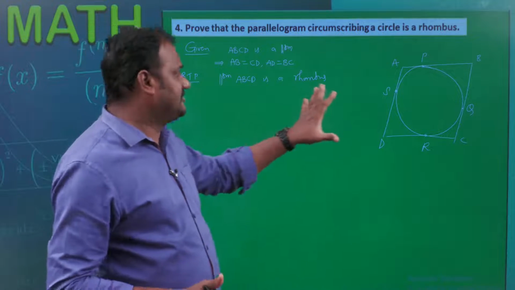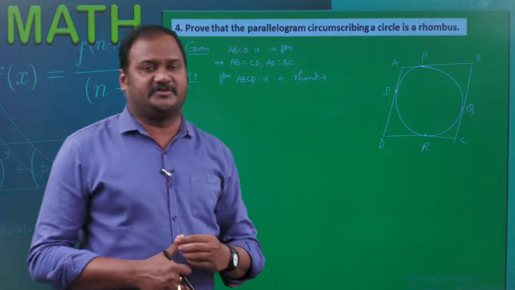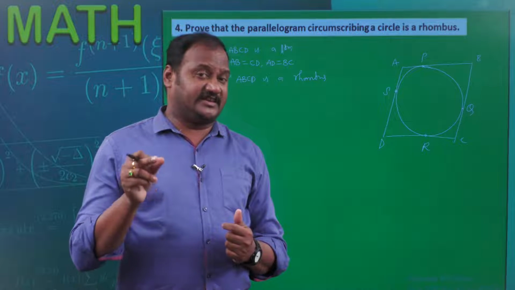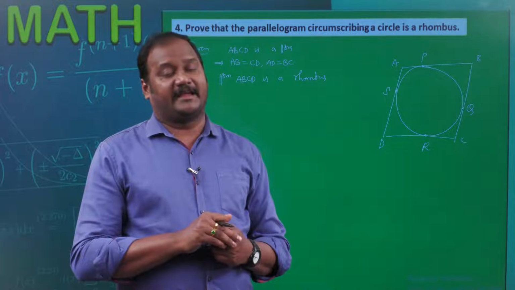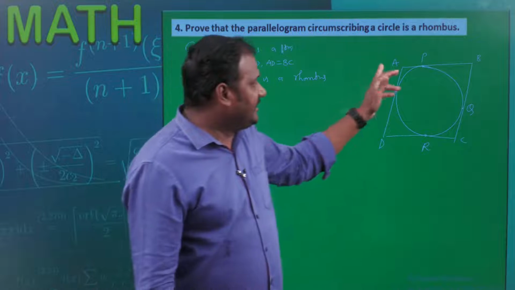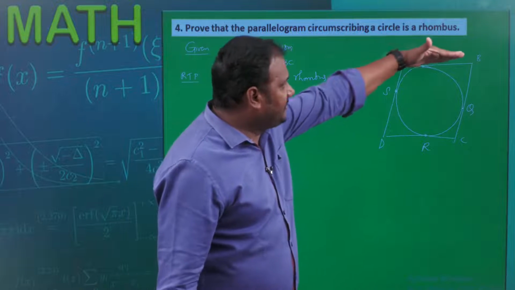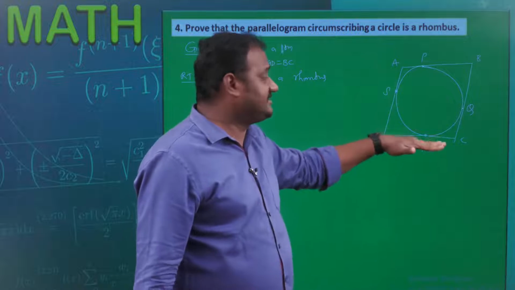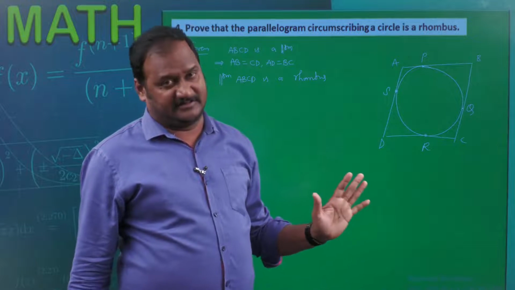So coming to the properties of rhombus, a rhombus is a parallelogram in which one pair of adjacent sides are equal. It means in ABCD, we know AB is equal to CD and AD is equal to BC, but AD and CD are not equal.